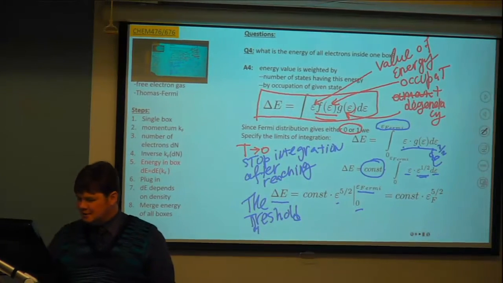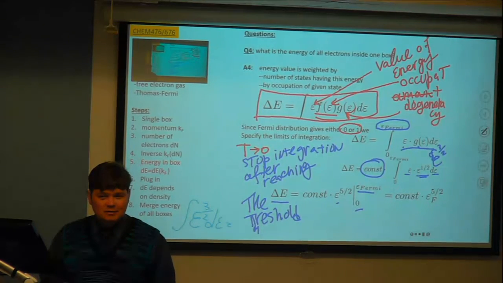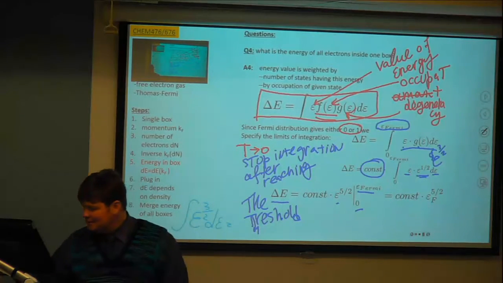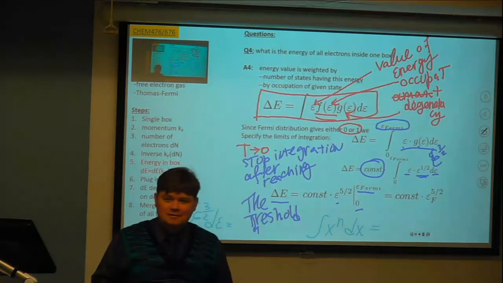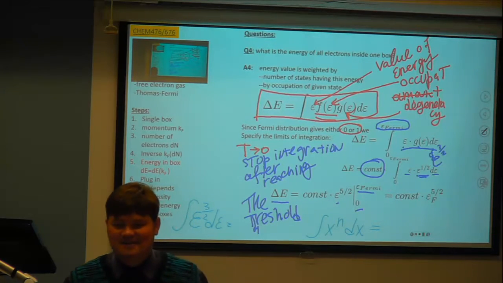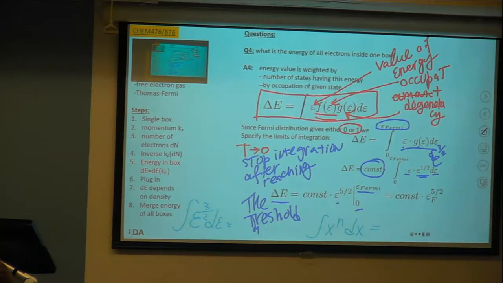So it is a little exercise that we can do. So the integral of the independent variable to the power 3/2 dE. What should we get? Well, the answer is on there, but how do we get it? If you integrate x to the power n dx, what do you get? I care that you know.